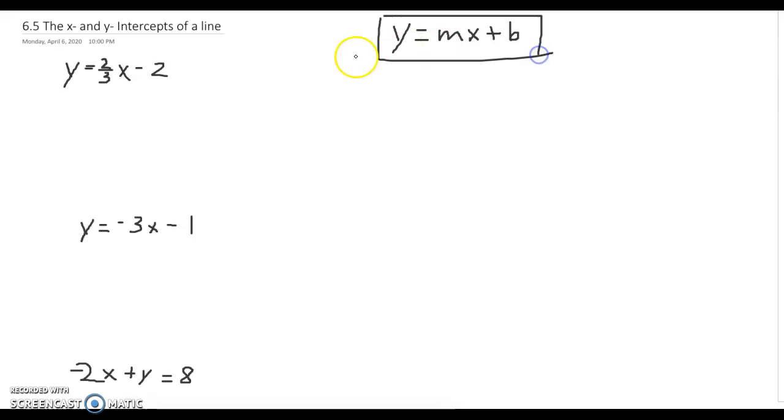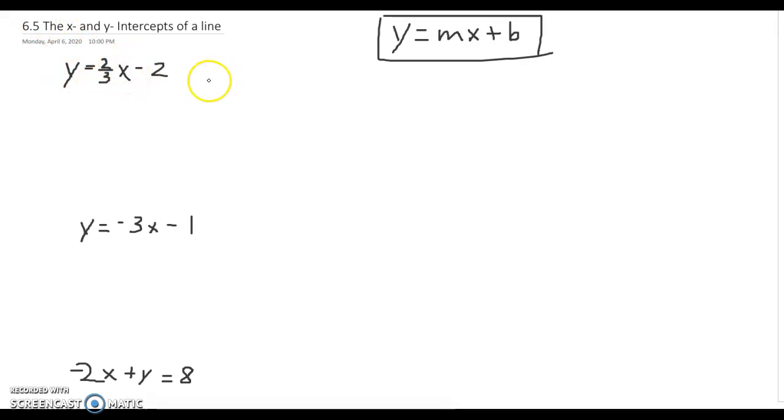As you can see right now, we have the y, we have our slope, which is m, we have x, and we have b, which is typically always the y-intercept. So what we're going to do now is we're going to just cut it up and figure out the points. So how we go about doing that is we're going to replace the variables with zero.